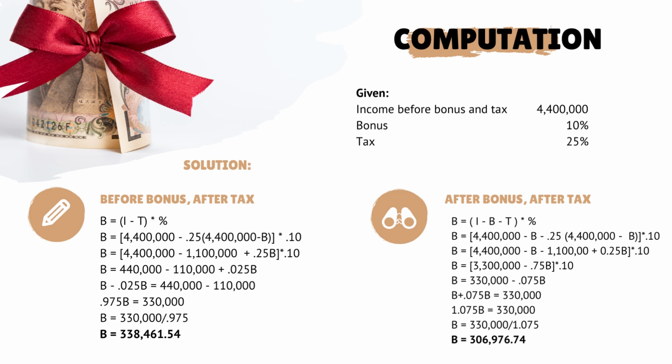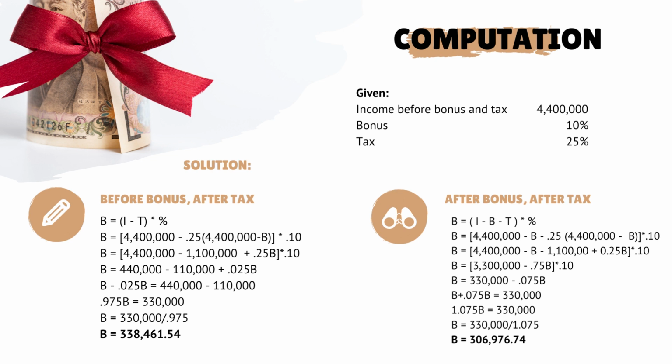So there are different ways to compute this one. You can multiply directly 0.10 times 4.4 million times 1.1 million times 0.25.